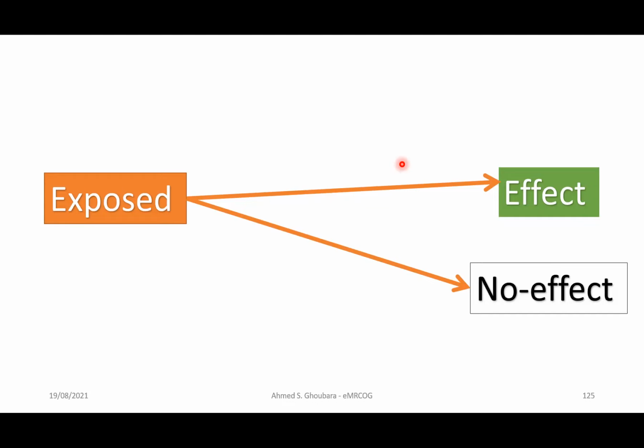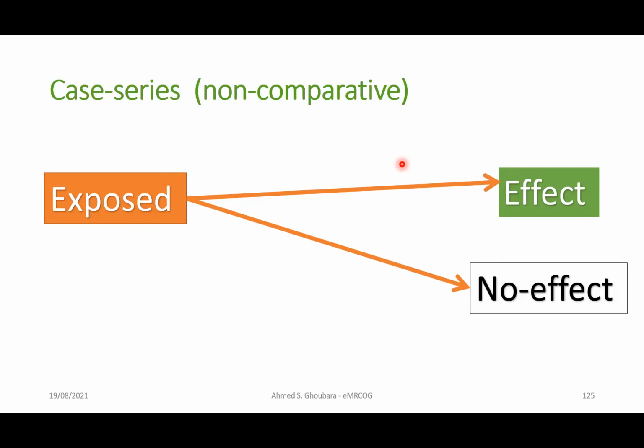You follow those ladies over time to see whether they develop cancer or not. Okay. This is a case series non-comparative study. So perfect for the incidence. What is the incidence of getting breast cancer among ladies using COC?